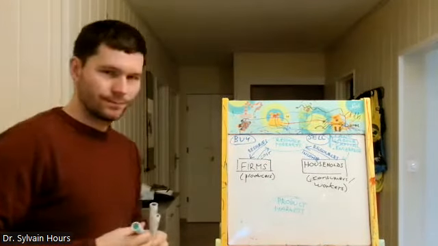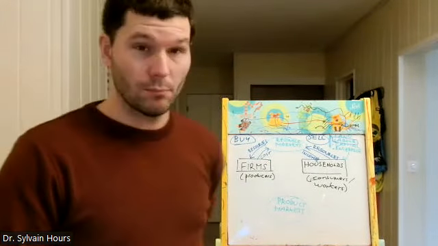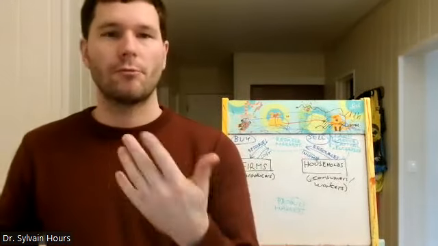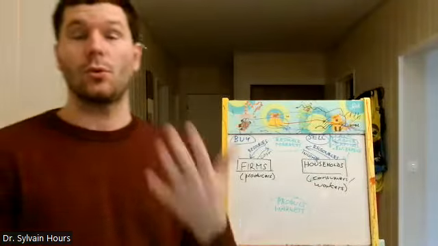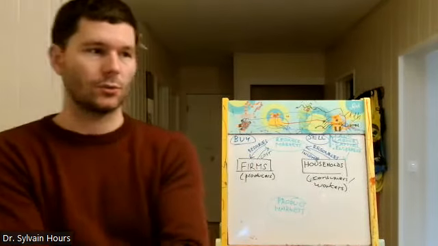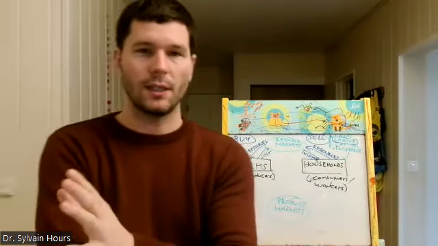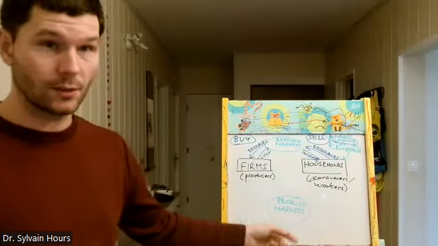Product markets are markets in which we trade final goods and services. In this case, they are only households, so only final consumer goods and services. So anything that you can buy on a daily basis, you buy it in a product market.